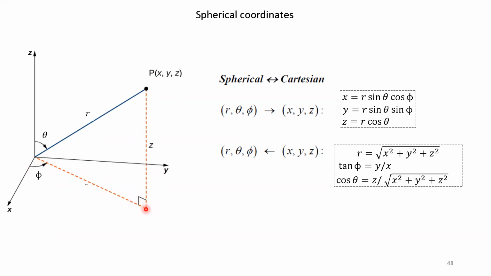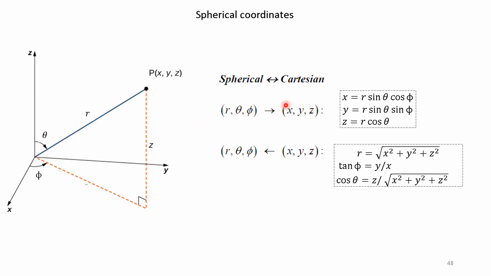Then the angle between this line and this line will be phi. You remember that in cylindrical coordinates we called this line rho. In spherical coordinates, I don't use this rho anymore. I directly use this distance r.